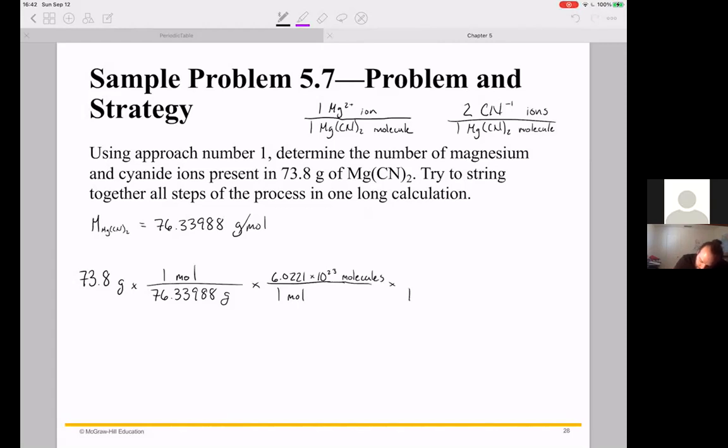And then the last step is going to be 1 Mg(CN)2 molecule gives 1 Mg2+ ion.